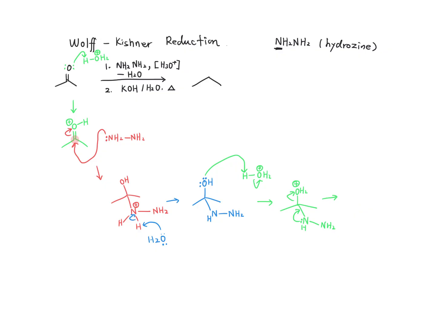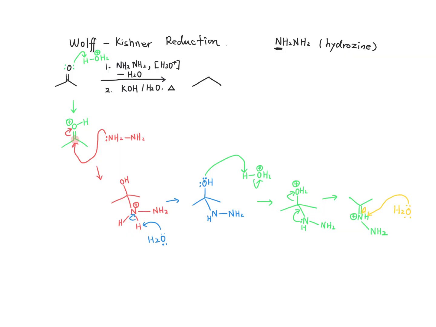I'm going to draw that out. This nitrogen now still has a hydrogen and forms that double bond, and at the same time it will be positively charged and also connected to NH2. Now we have an intermediate that still has this positive charge, so no surprise, the next step is we are going to have a base come in to deprotonate to make a neutral species, and this also recovers our catalyst.